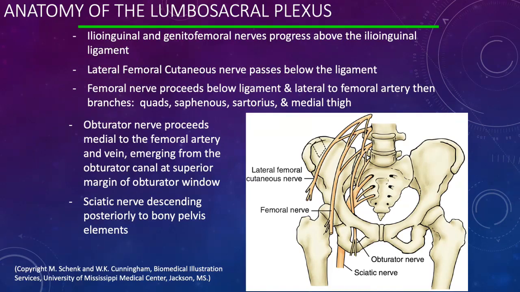The femoral nerve conducts motor and sensory, motor for mostly anterior thigh, knee extensors, and sensory extending in the sural nerve all the way down into the lower leg. The obturator nerve, responsible for the major adductors, and the sciatic nerve.